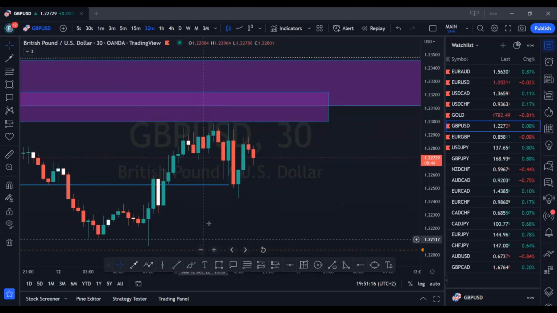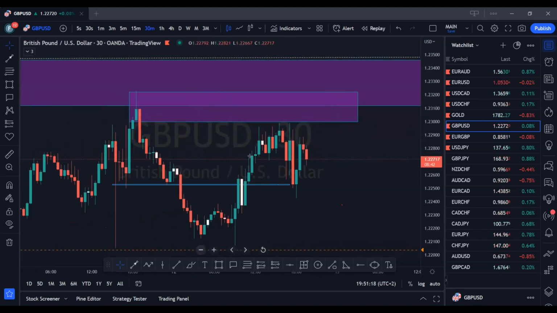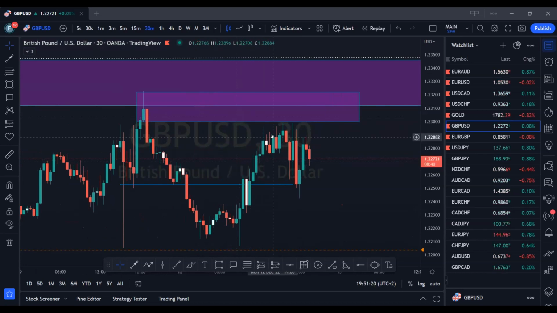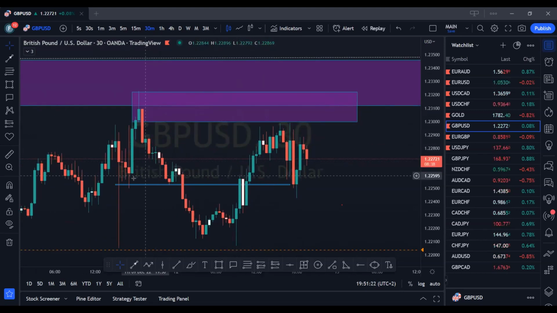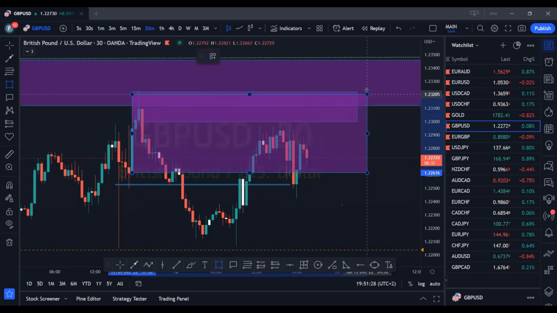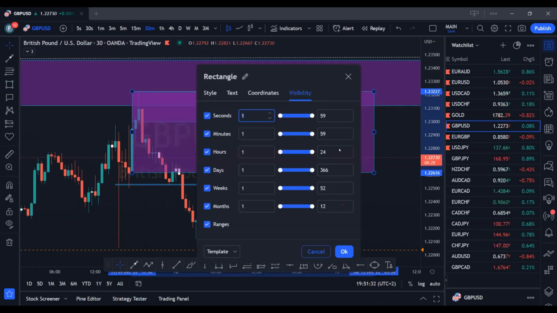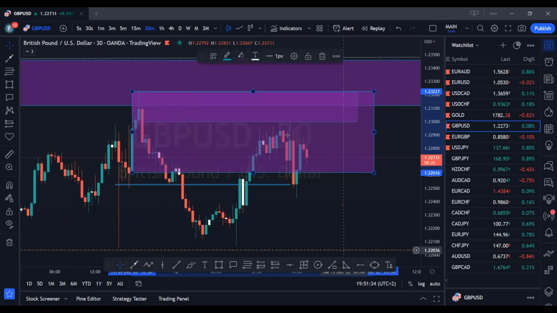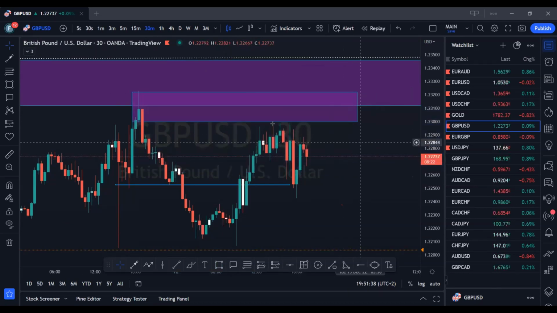What you must note is that already price is in a supply. This range, if you take the whole of this range, is a supply range. You are not wrong if you have already entered a sell like this, but there are times that it makes sense to also wait for price.